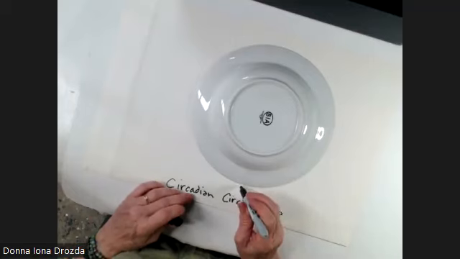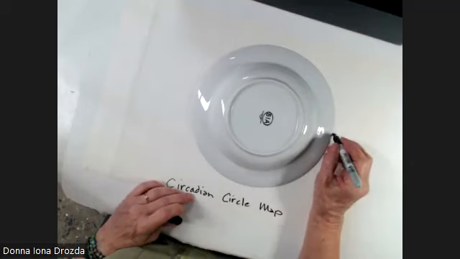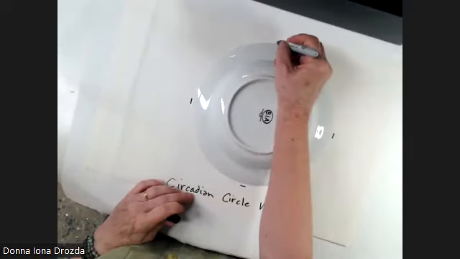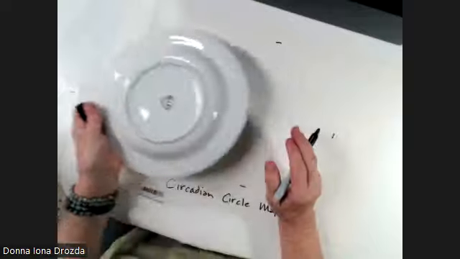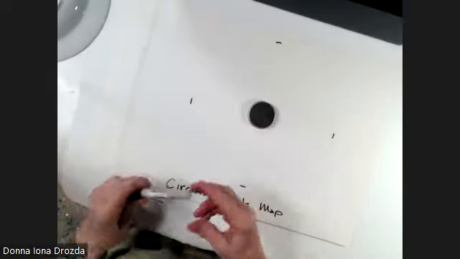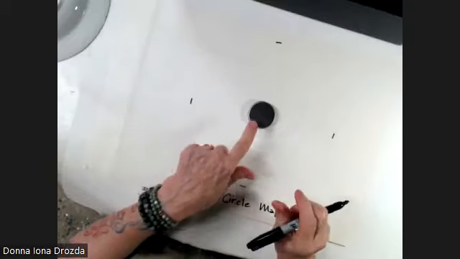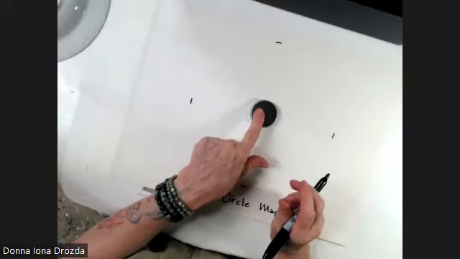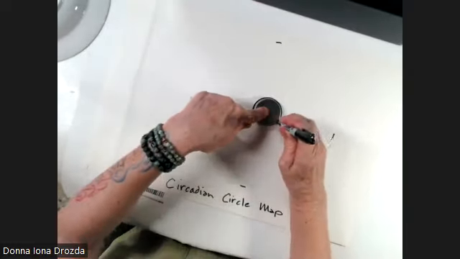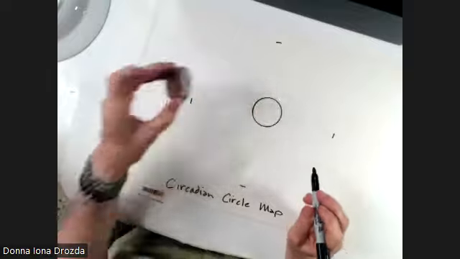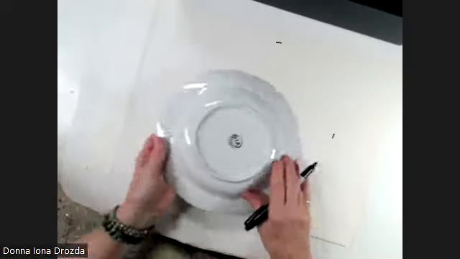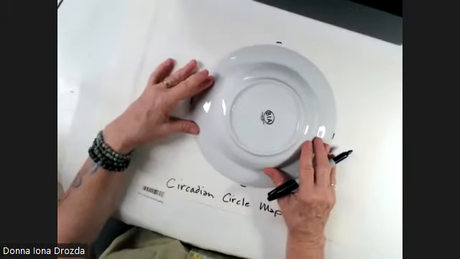I'm going to mark the 4 compass points: east, south, west, north. I'll move the plate aside for a second, and I'll put our center circle here in the middle. Again, you can use anything to make a smaller circle for the center of your circadian map. Put that aside, bring the salad plate back, place it into position.